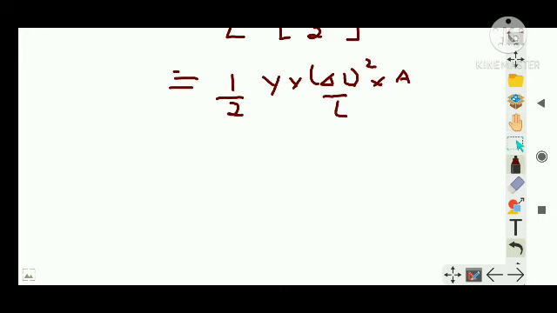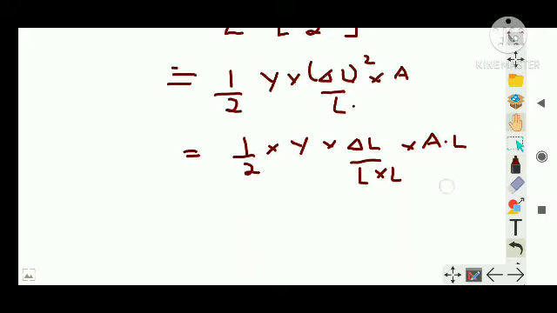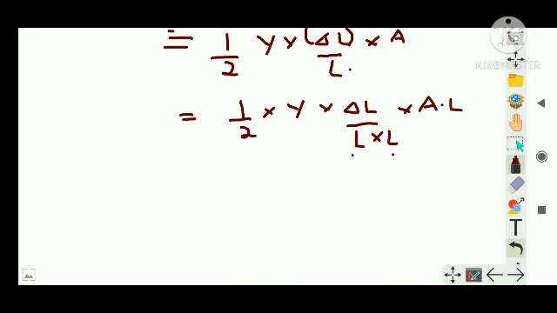Now what I am going to do is half into Y into delta L by L into L. I bring an extra L over here, then multiply by L over here. So this denominator becomes L, and there is a square now, so I can write it as delta L by L whole square.